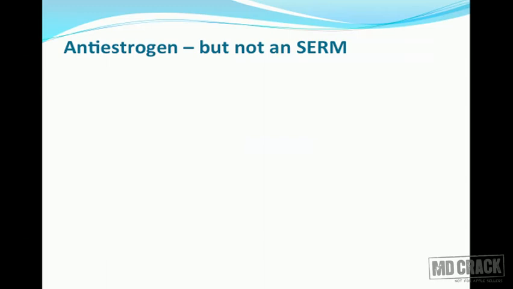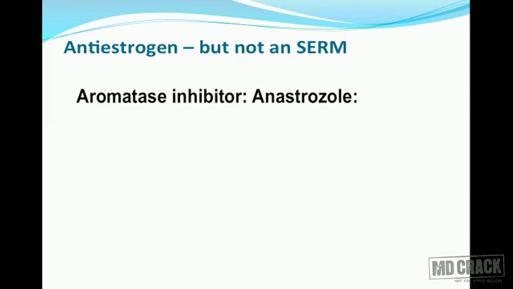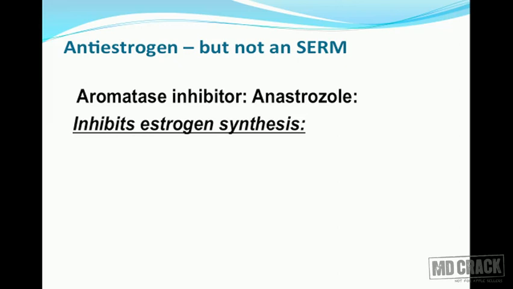We have the next drug, which is an anti-estrogen. We call this drug an anti-estrogen, but it is not a SERM or selective estrogen receptor modulator. The name of the drug is anastrozole, and it inhibits the enzyme aromatase, which is involved in the synthesis of estrogen. So it is an anti-estrogen.